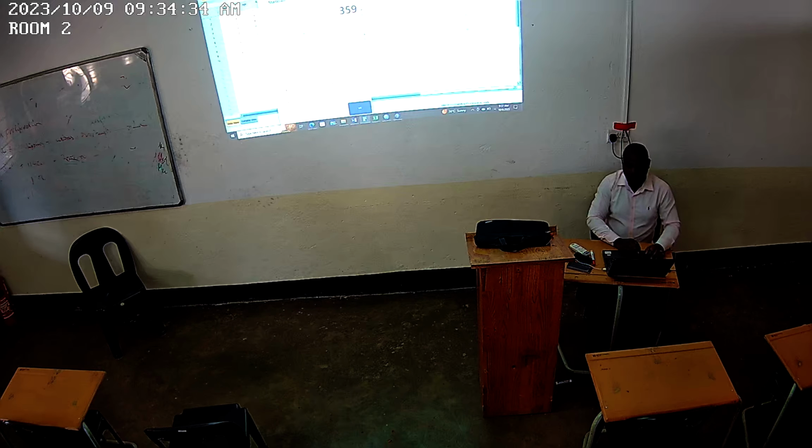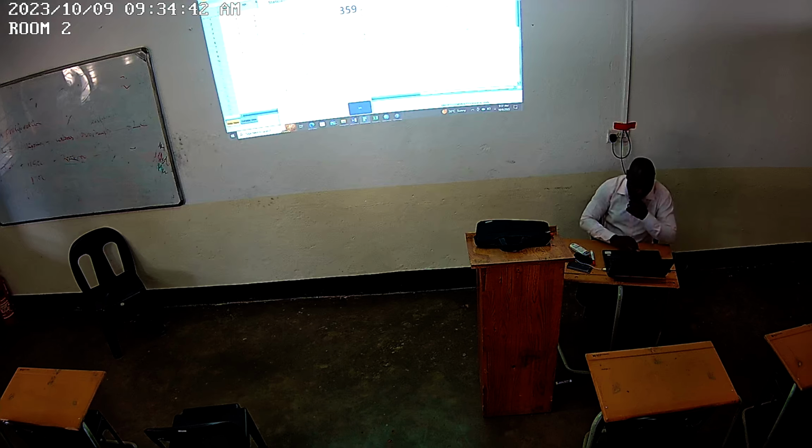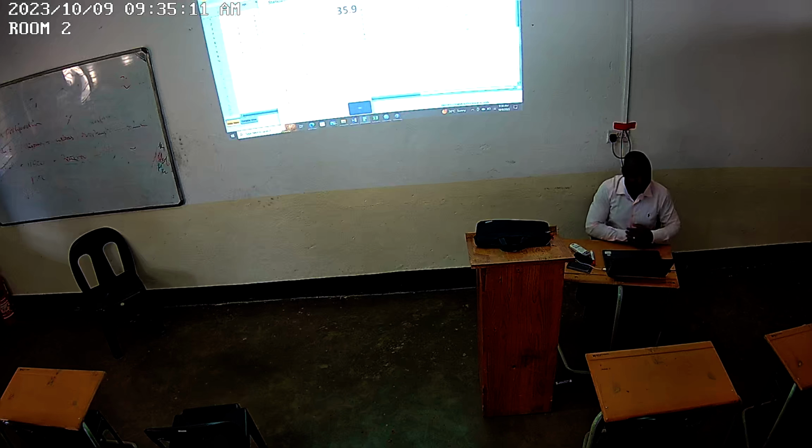Okay? Then we divide by 10. So we are calculating the ages of how many people have responded. 1, 2, 3, 4. Yeah. So we divide by 10. Our answer is 35.9.